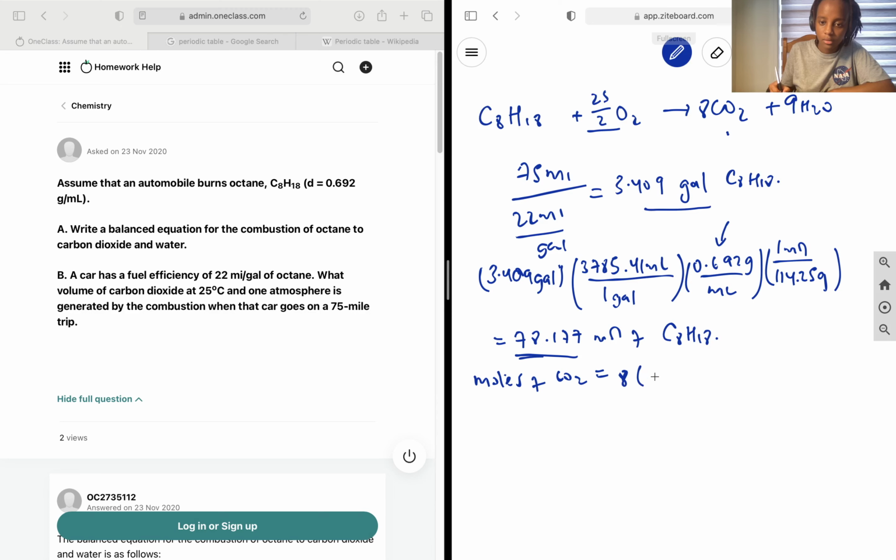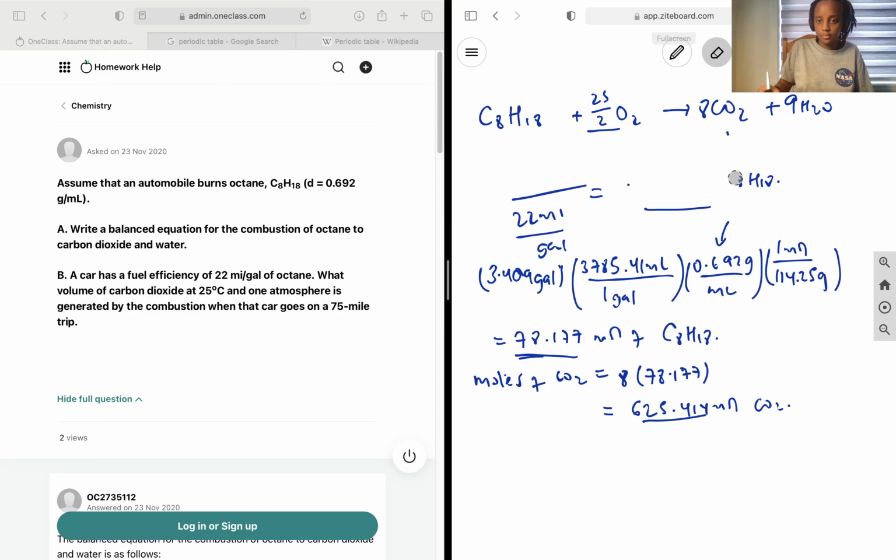So this would be 8 by 78.177. And this is going to give us 625.414 moles of CO2 produced. And next we're just going to use the ideal gas equation to figure out what that volume is.